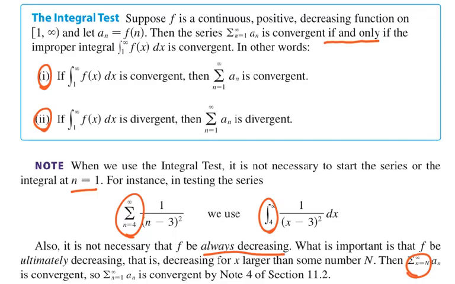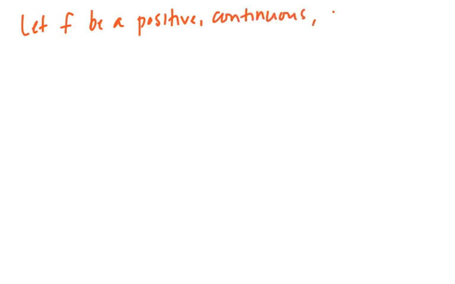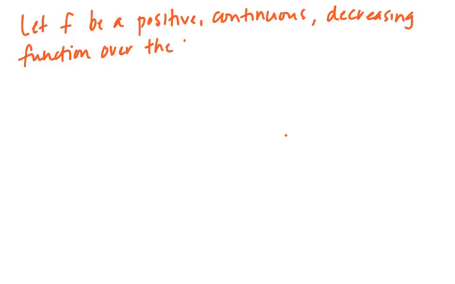So let's summarize that real quick. Let f be a positive, continuous, decreasing function over the interval from 1 inclusive to infinity, and let a sub n equal f of n.